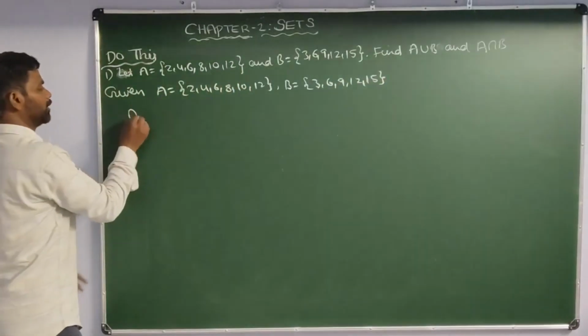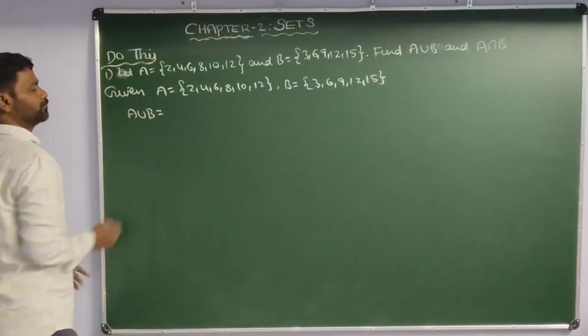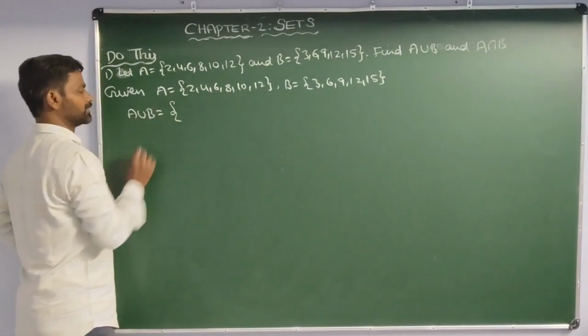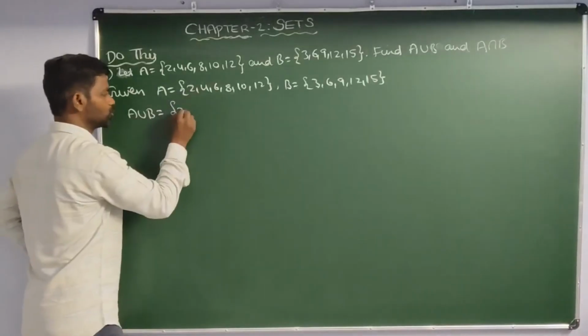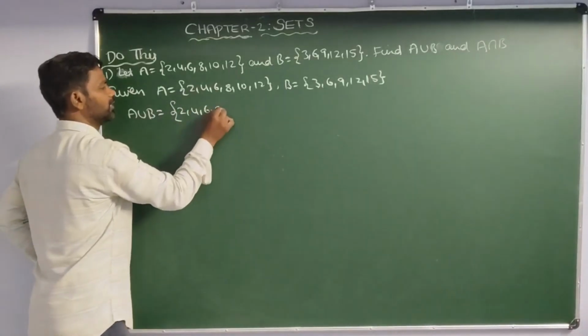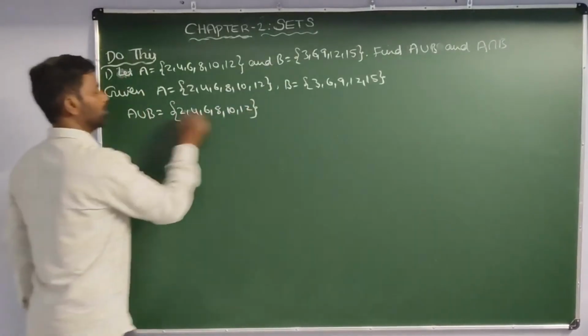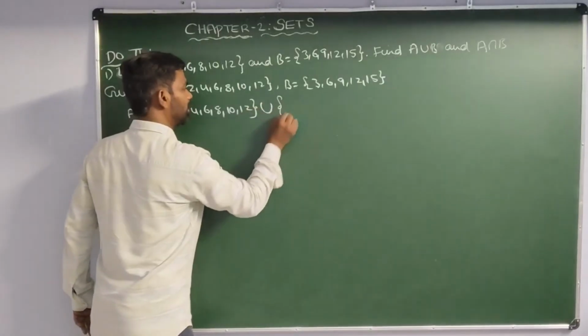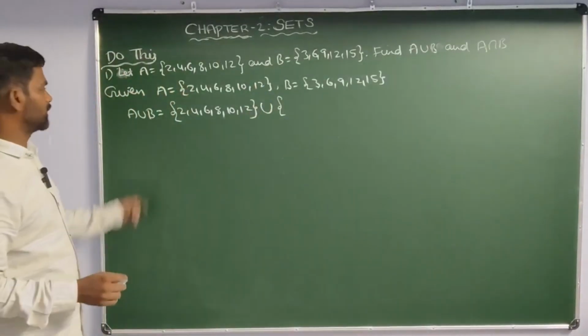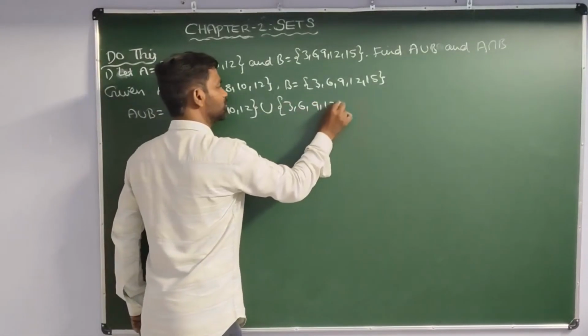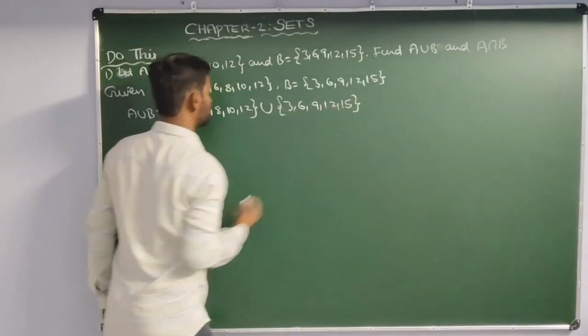Let us perform the operation A union B. What are the elements of A? 2, 4, 6, 8, 10, 12. Close that. Next, write union and open the bracket and add the elements of set B. What are the elements of set B? 3, 6, 9, 12 and 15.